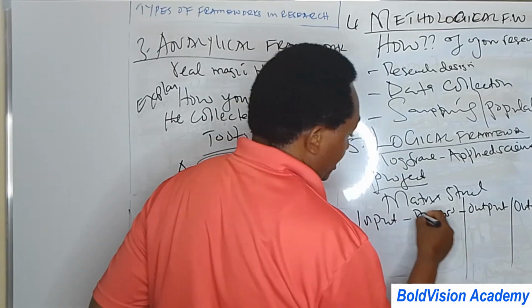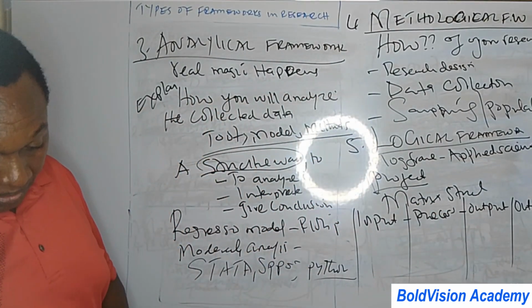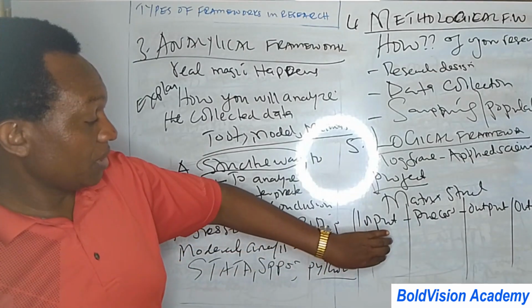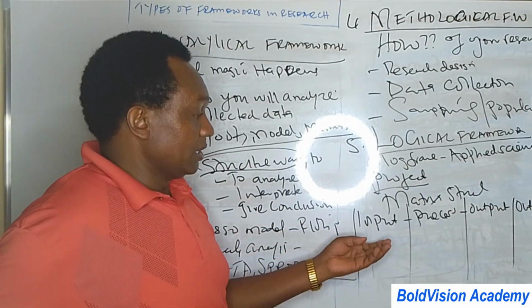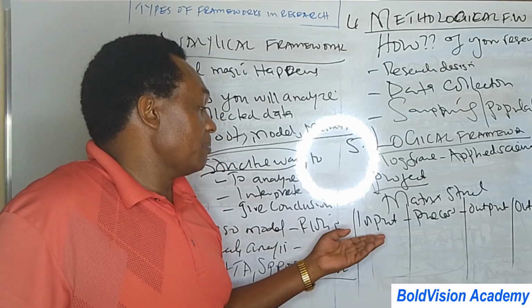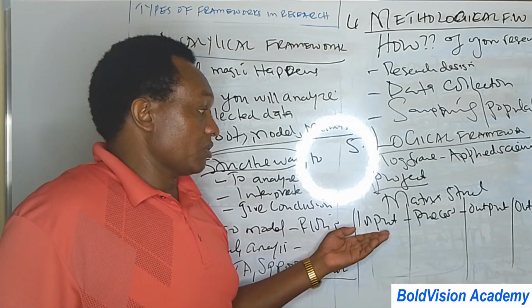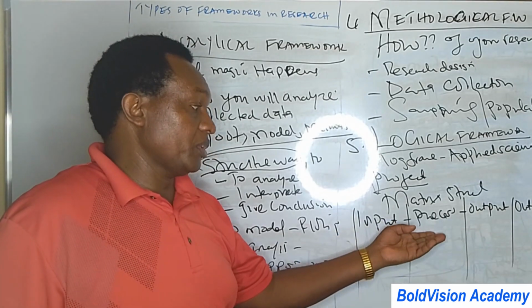So that is why we're saying it's a structured matrix, and it's applied more in a project because you'll have the inputs. For example, you're doing a training, you want to improve the livelihood of maybe the vulnerable in the society. So how can you do it? Maybe you'll have a training for them. How are you going to carry the training?